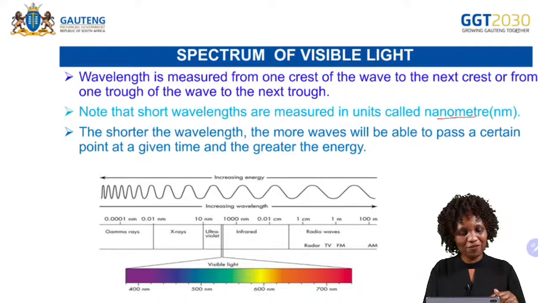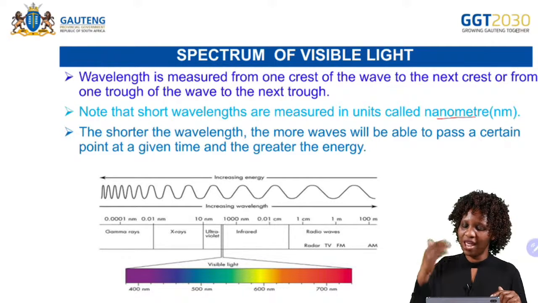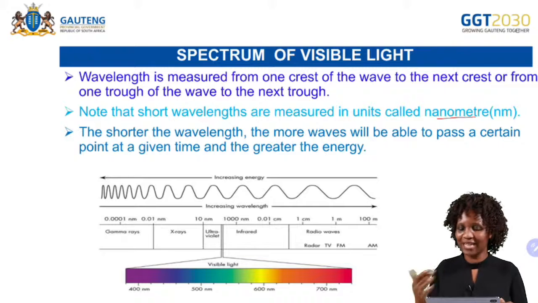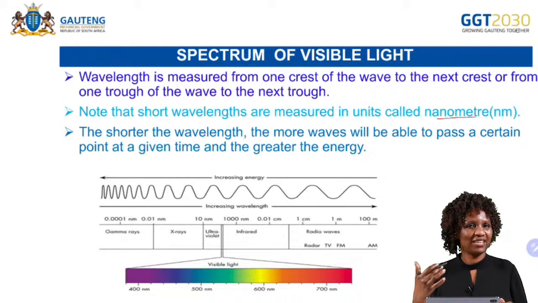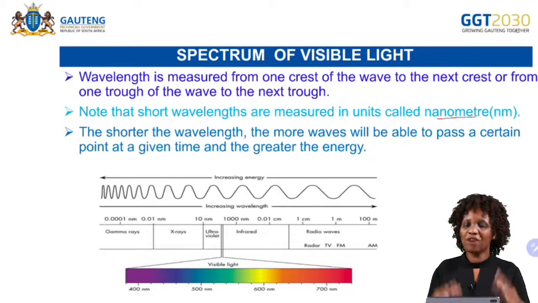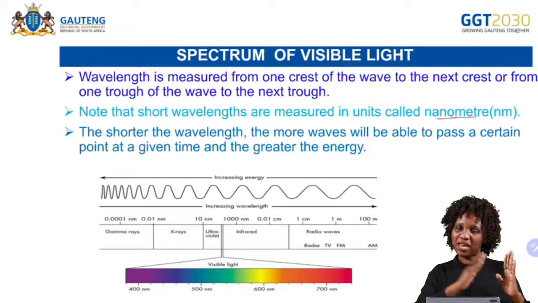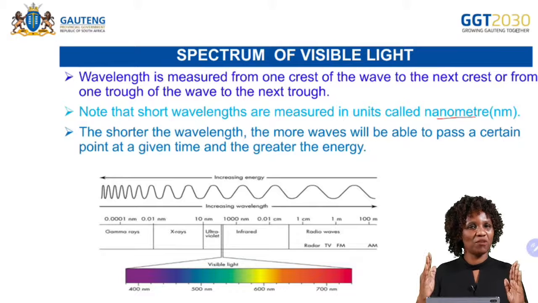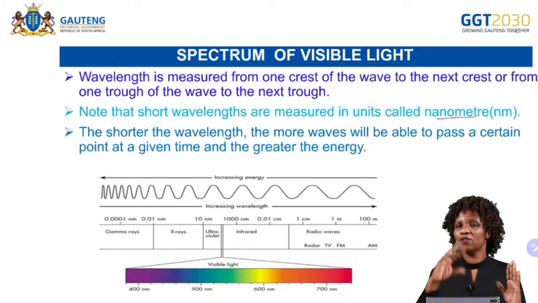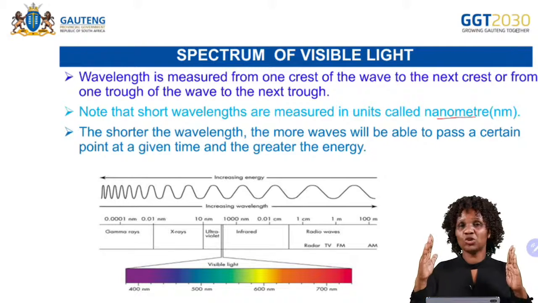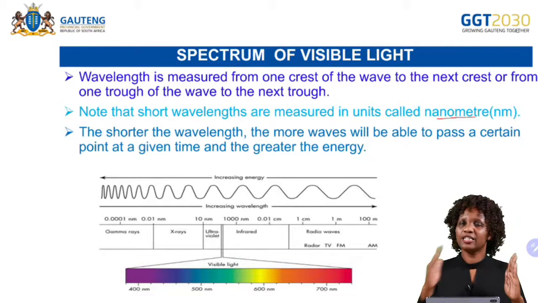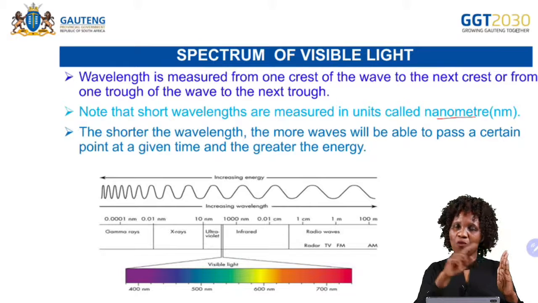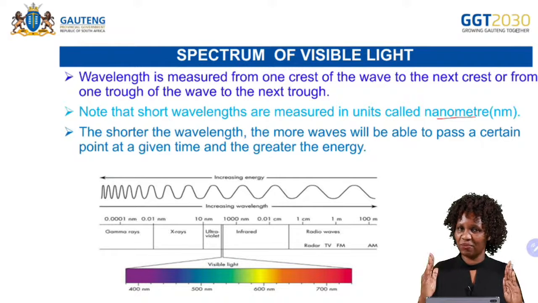The shorter the wavelength, the more waves are able to pass at a certain point at a given time. If the wavelength is short, there are many waves which are going to pass at a certain point. For example, if we take violet, we are going to have a high frequency. Why am I saying high frequency? It is because there will be a number of waves that pass at a certain point at a given time.